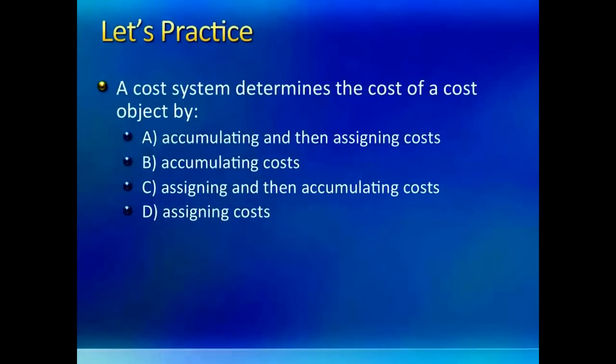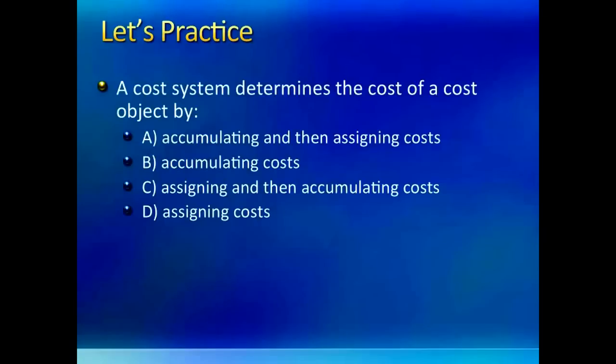This one is about how a cost system works. The question is, a cost system determines the cost of a cost object by how does it determine the cost? Option A says it collects and then assigns cost. Sounds right. Option B says it just accumulates cost.